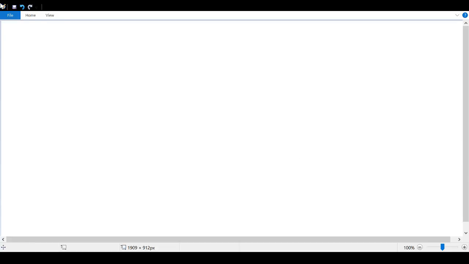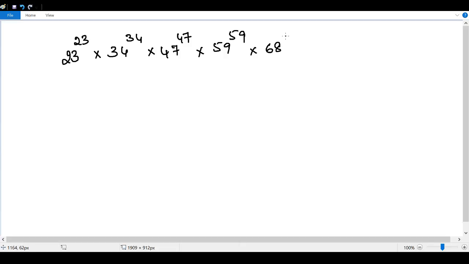So we now are going to look into something else, an extension of whatever we have done. I'm going to talk to you regarding an example. So let's say I am now giving you 23 power 23 into 34 power 34 into 47 power 47 into 59 power 59 into 68 power 68. So let's take this.